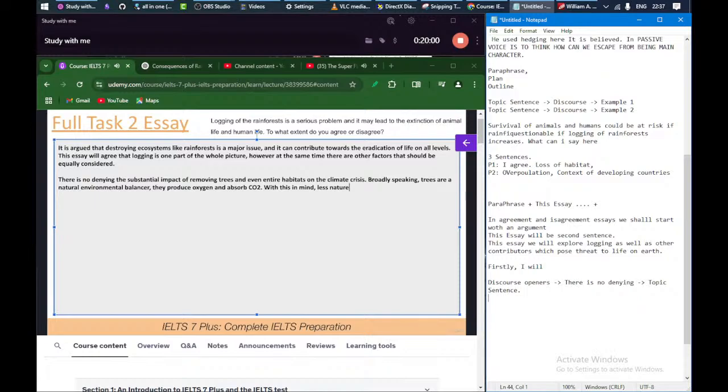which will result in catastrophic events, grave events such as dying species.